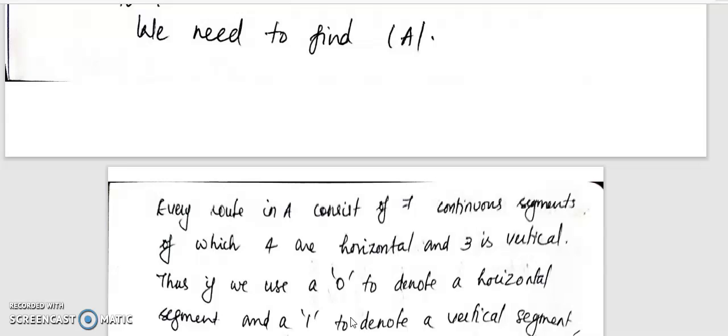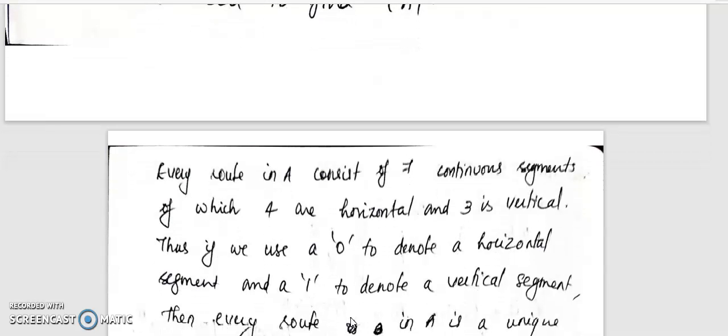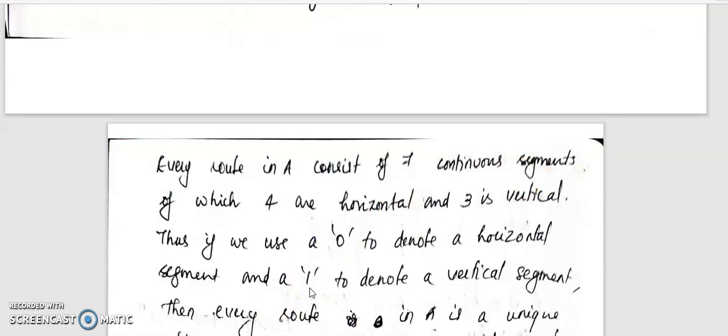Now whichever shortest route we take, 0 will occur 4 times and 1 will occur exactly 3 times. So every route can be considered as a binary sequence which contains 7 places and contains exactly 4 zeros and 3 ones.